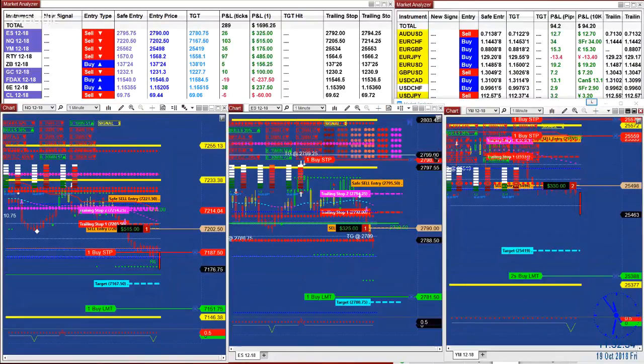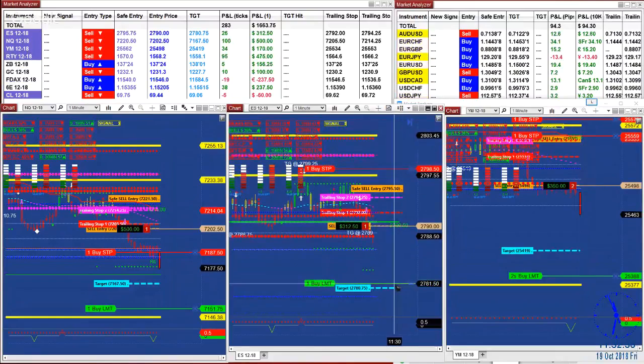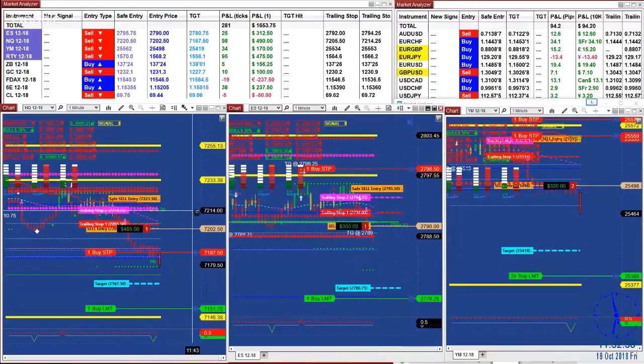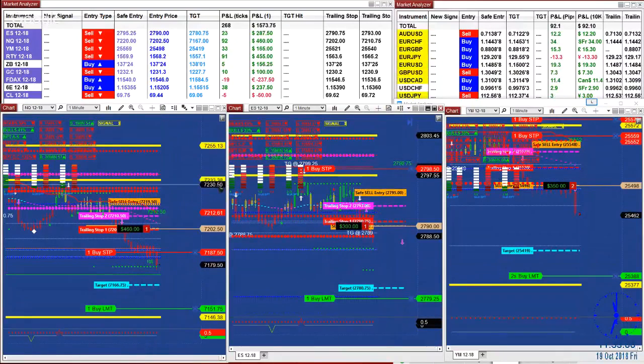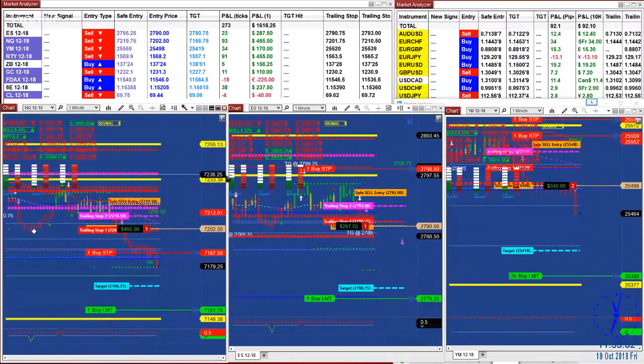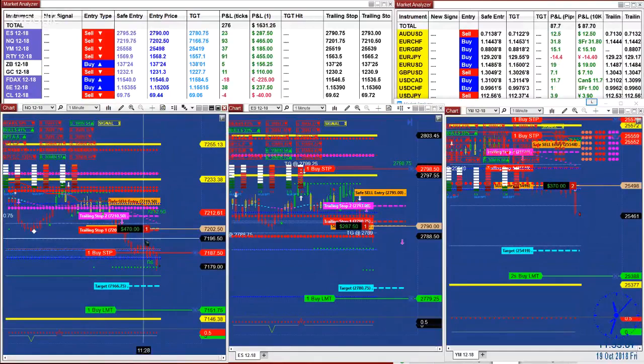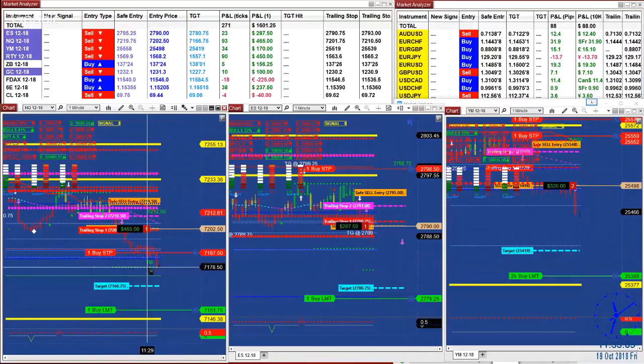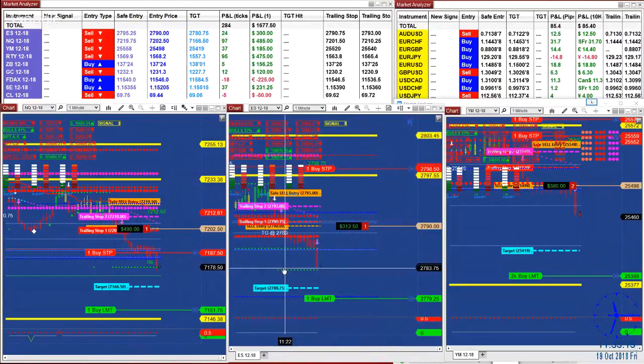Maybe we can get more than the target if this market is a little bit generous with us. There is a projection here at 78, 75. Don't let it scare you. There is a sell off everywhere.